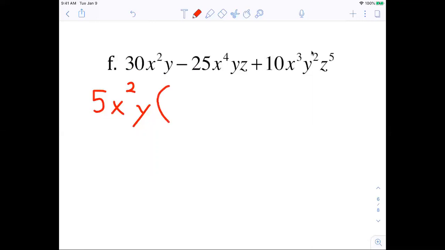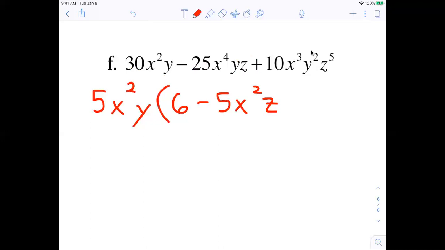So if I factor 5x squared y from the first term, I'm left with just 6, because that times that would be 30x squared y. If I factor it out of the middle, I have minus 5. That gives me my negative 25. I have x squared, because x squared times x squared gives me my x to the 4th. I have my y already, but I'm going to need a z for this guy right here.